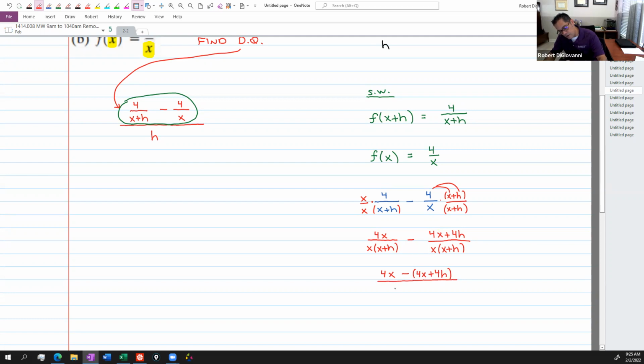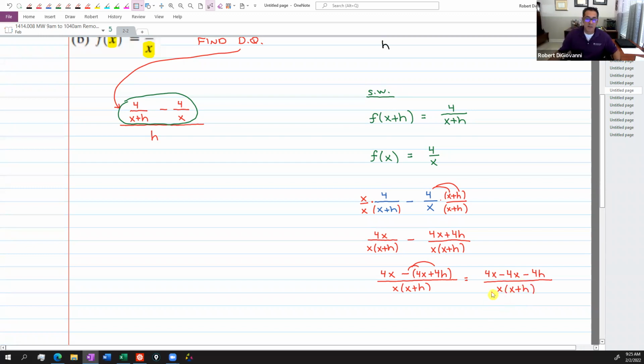Then that's over x times x plus h. Okay, I've got 4x. Now I'm going to distribute the negative through. Minus 4x minus 4h all over x times x plus h.